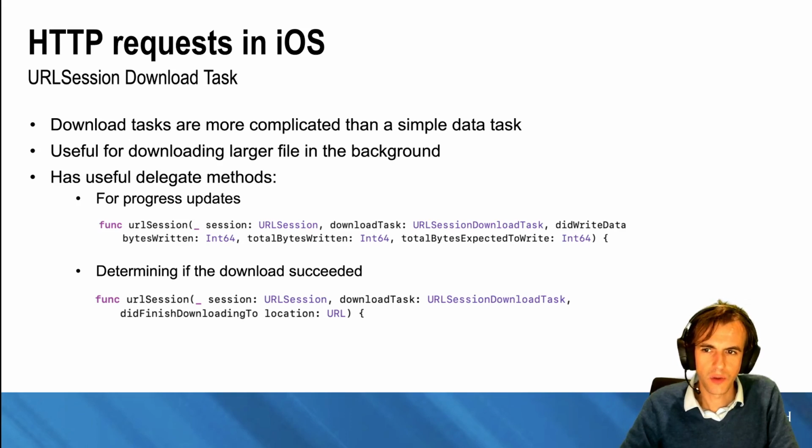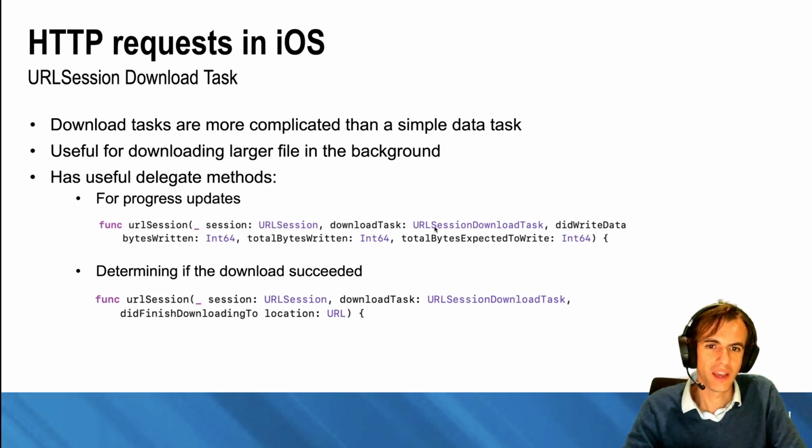And the delegate for URL session, some of the methods that we would care about are download task did write data. Again, like the pattern we've seen a few times, the URL session delegate passes the particular URL session, so you can tell which URL session is performing this.